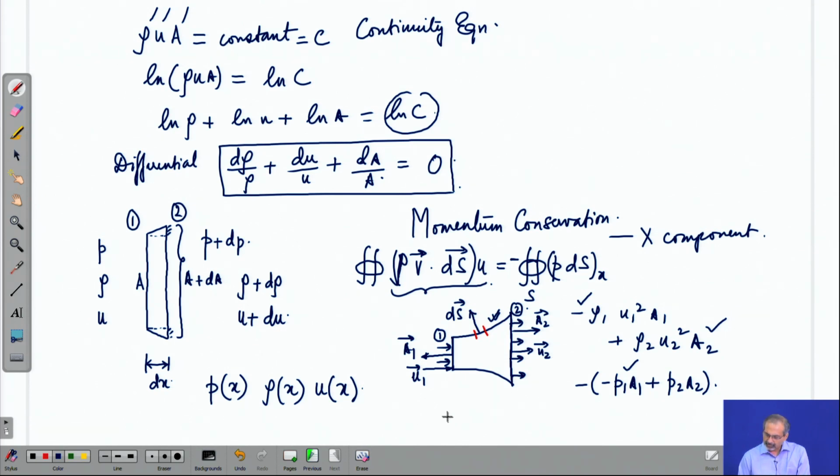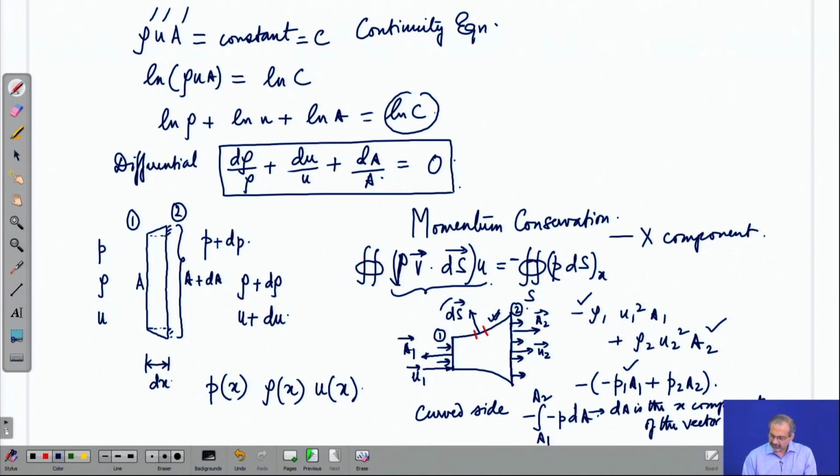Now, let us look at the curved side. On the curved side, you have a contribution coming like this. What is this dA? dA is the x component of the vector ds.